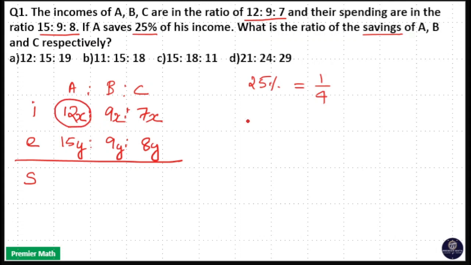That is, 12x is his income, so 12x by 4 is 25% of A's income, that is 3x. That means 12x minus 15y, income minus expenditure, is A's savings, that is 3x.